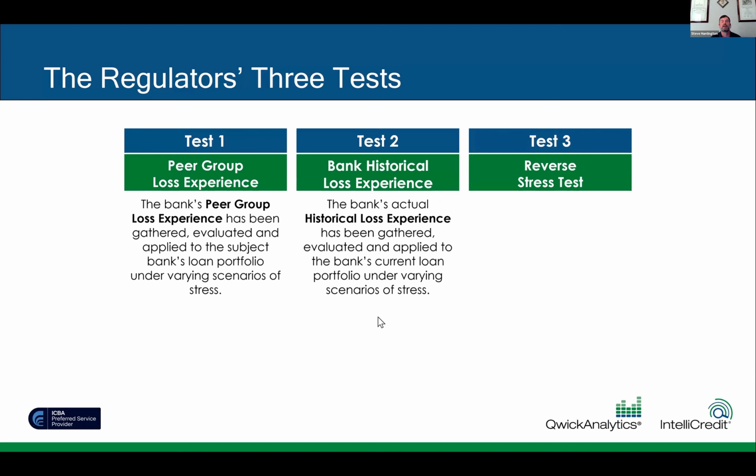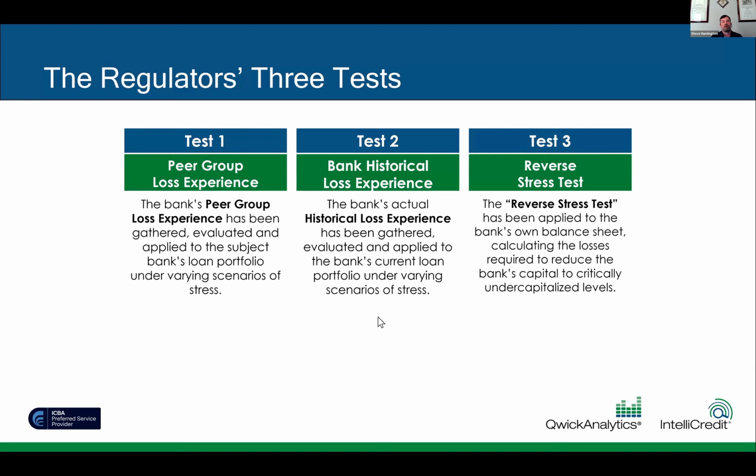And then finally, we run what they call a reverse stress test. It's what I fondly refer to as the "how much rope do we have to hang ourselves with" test. The regulators call it a reverse stress test because conceptually it really does work in reverse order.